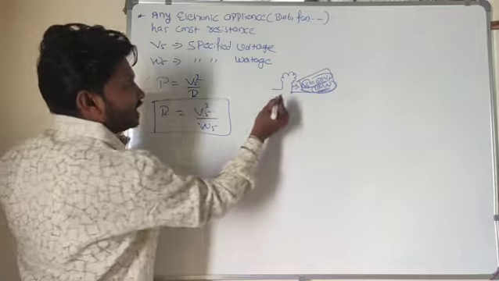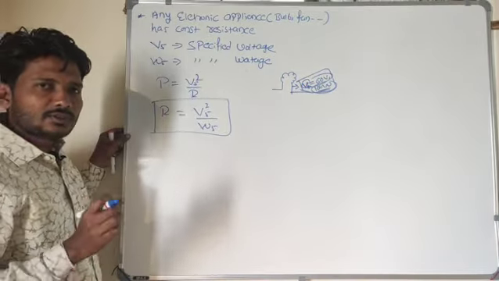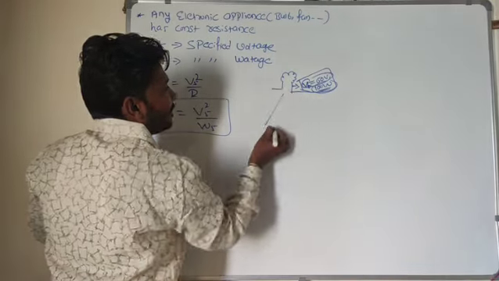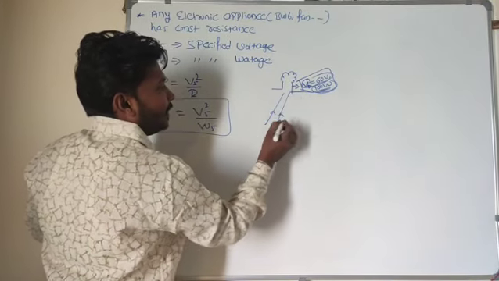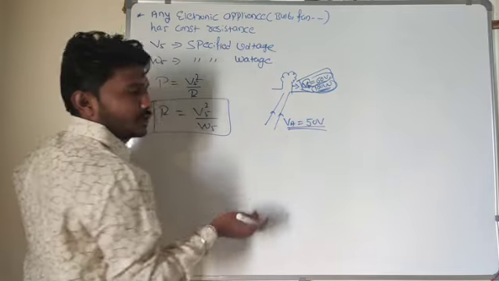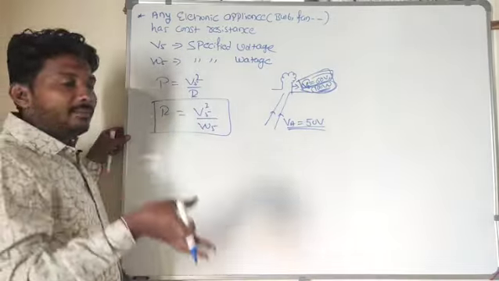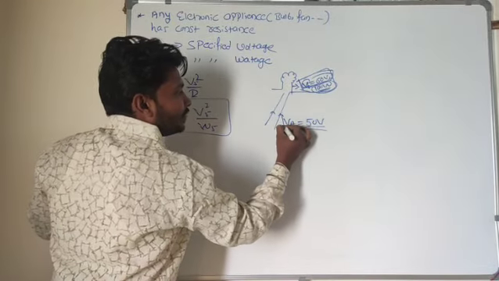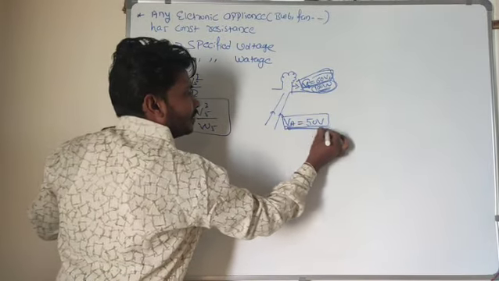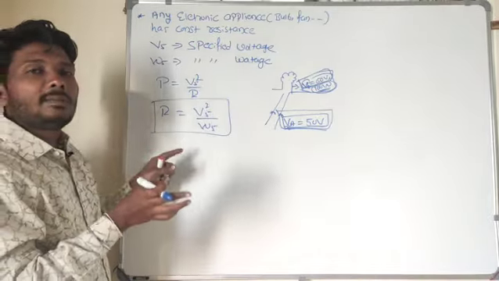For example, I said the specified voltage of the bulb is 60 volt. Now I am applying a voltage of 50 volt to this bulb. Specified voltage is 60 volt, but I am providing a 50 volt supply to this bulb. Then what is the power consumption?